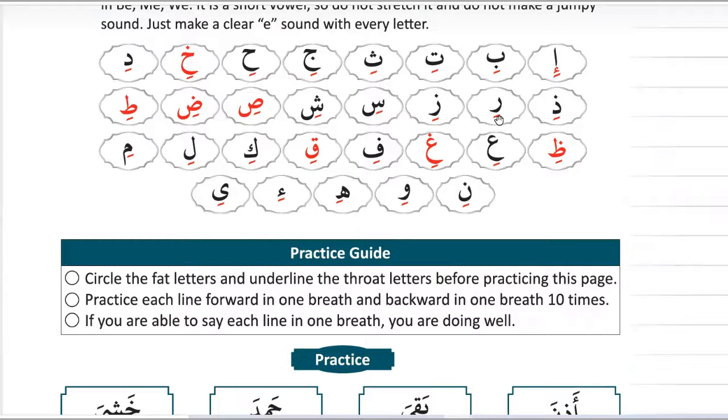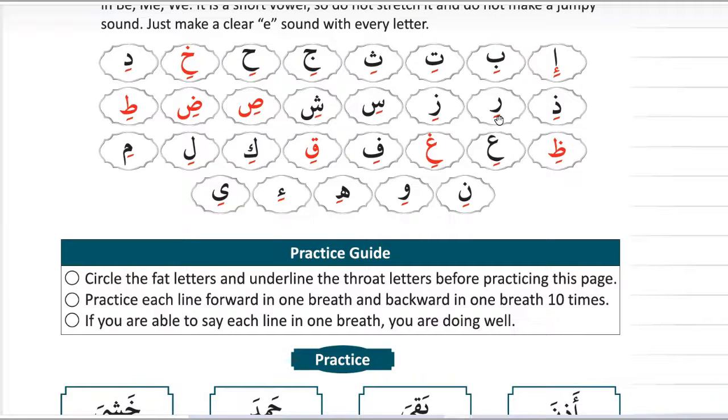But there are a few conditionally heavy letters, and Ra is one of them. So you have to remember one thing: whenever you see any sign at the top of the Ra, then it remains heavy. And when you see the sign at the bottom of the Ra, then it remains light.